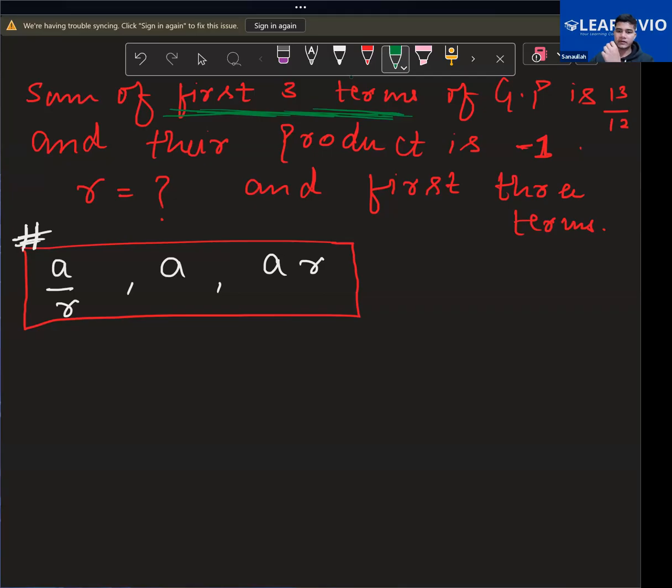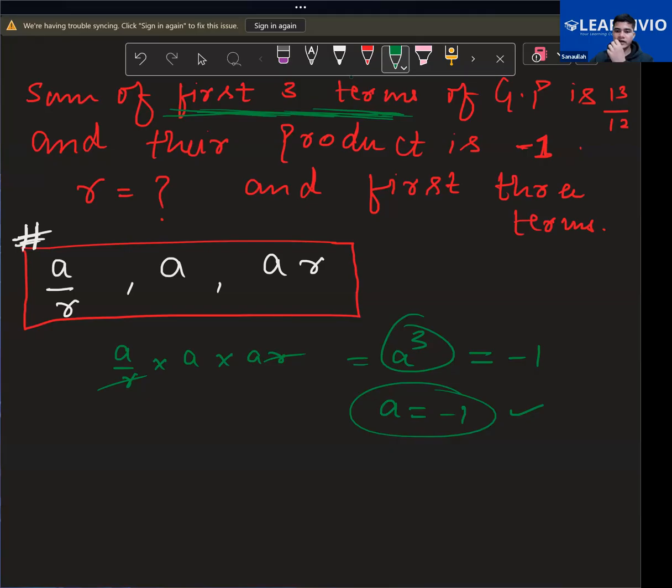See why I'm taking this: if I multiply all the terms, then R and R will get cancelled out and we can get A cube, and since A cube is given as minus one, I can take A as minus one.